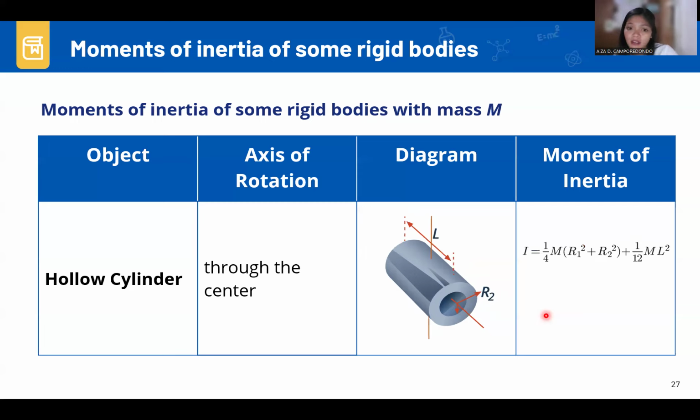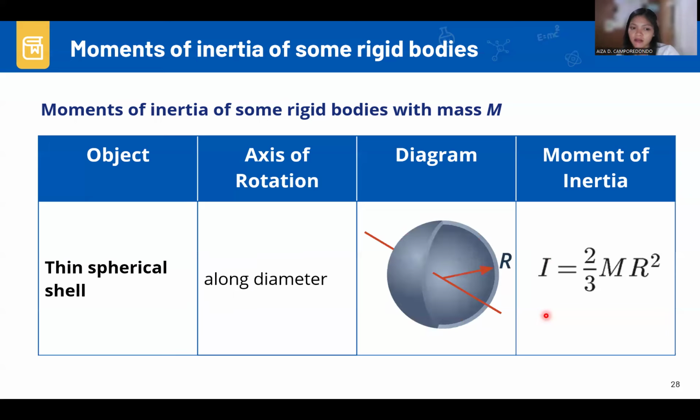For a hollow cylinder with an axis of rotation through the center, we're going to use the formula moment of inertia is equal to 1/4 mass multiplied by r sub 1 squared plus r sub 2 squared, plus 1/12 mass multiplied by length squared.